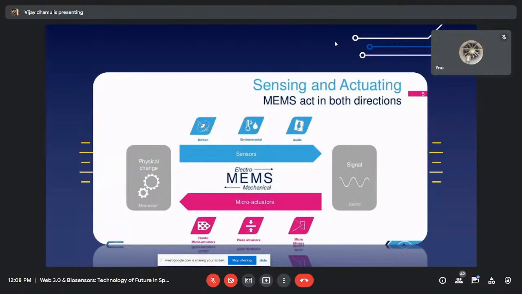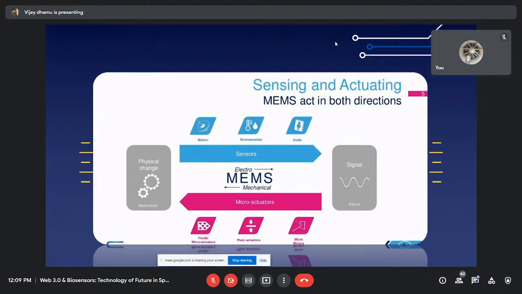So, sensing and actuating. In a biosensor, we have two sides of a single coin. One is sensing and another is actuating. Sensing means it senses the signal.